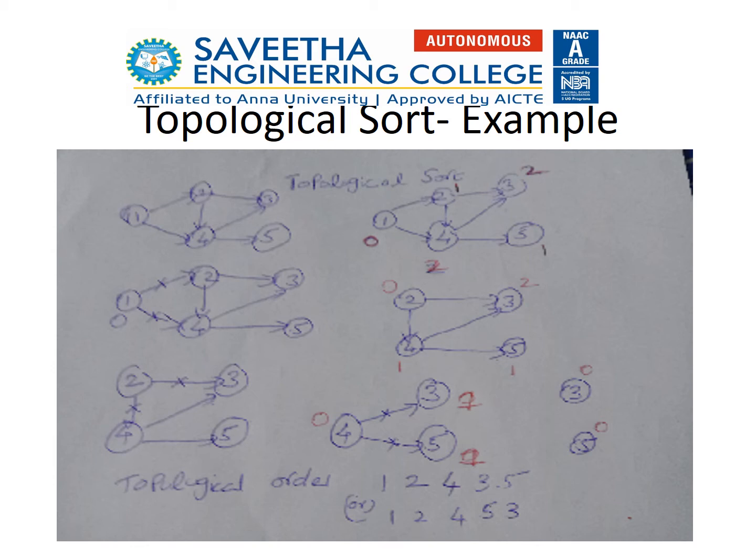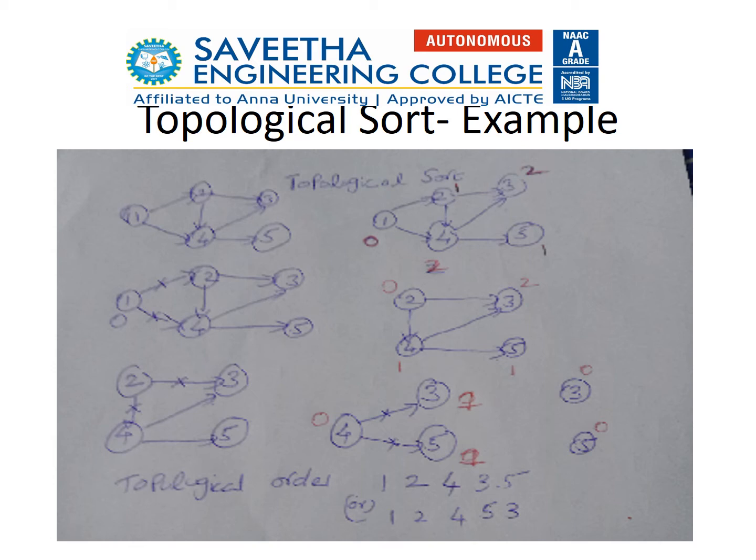After starting with 1, at the bottom of this slide I will write the topological order, starting with node 1. After that I have to remove the edges connected with node 1, so 1 to 2 and 1 to 4 are removed. The remaining graph contains the nodes 2, 4, 3, 5.